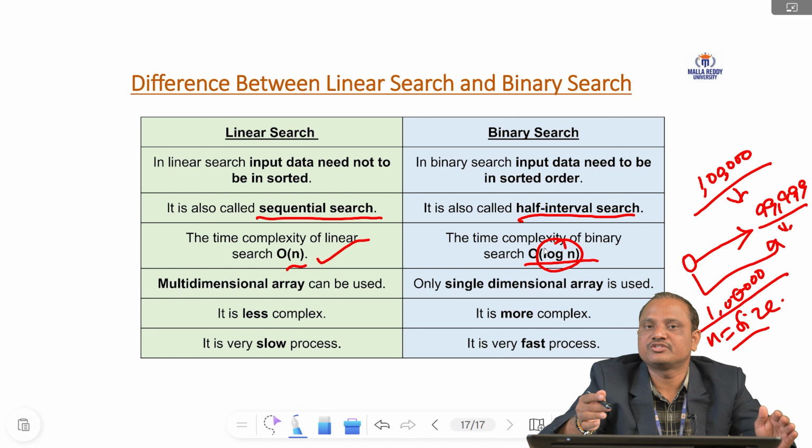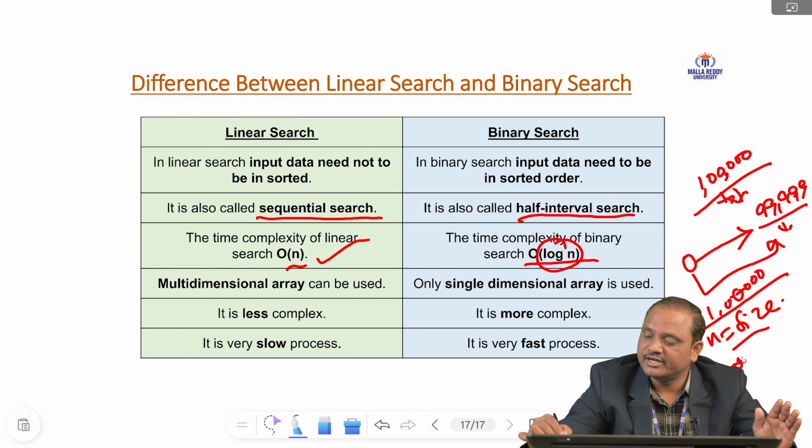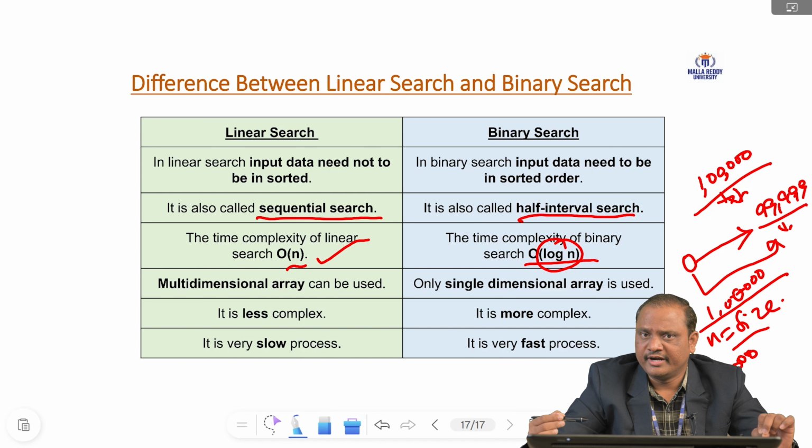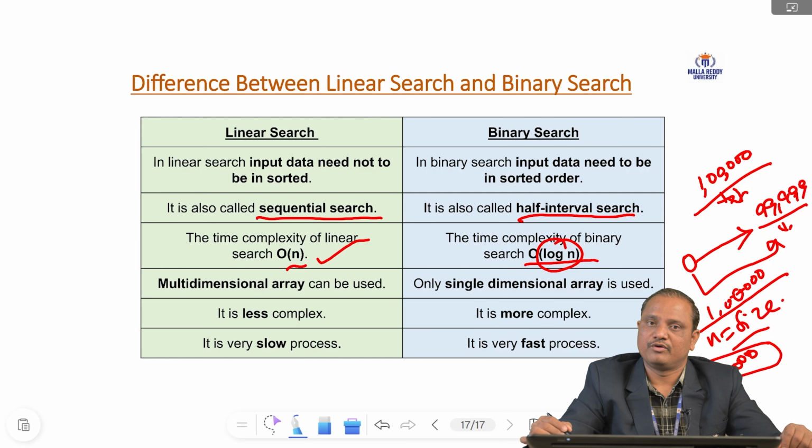In the initial stage, 1 lakh elements will be divided into 2 halves: 50,000 elements in the left part and 50,000 elements in the right part. We compare with the mid value, and based on the target element, we can omit either the left side 50,000 elements or the right side 50,000 elements. With the remaining 50,000 elements only, we will perform the searching.